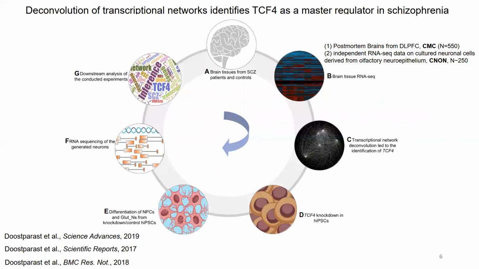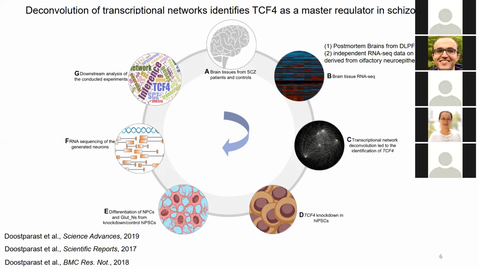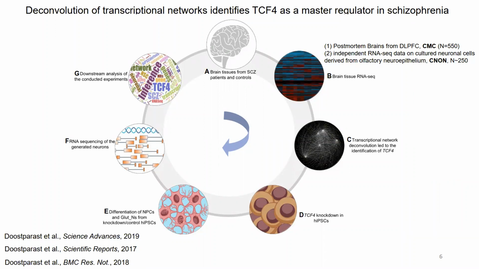In this study, given the fact that most common variants associated with schizophrenia are of small effect sizes, we aim to identify if a hub gene within the regulatory network can act as the regulator of a large number of target genes, while contributing to the disease pathogenesis.